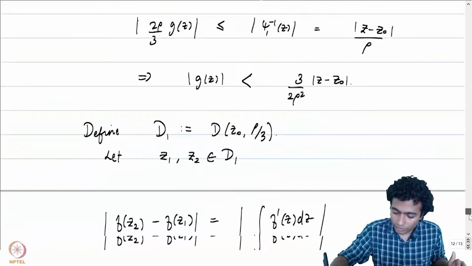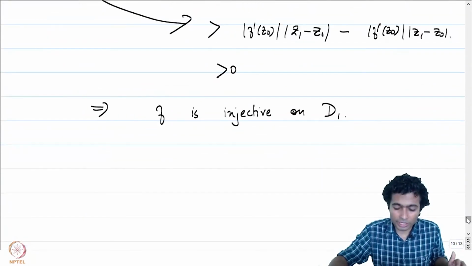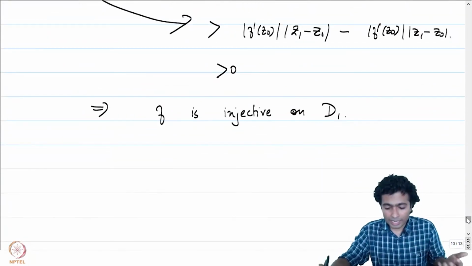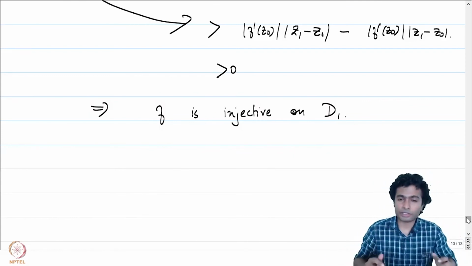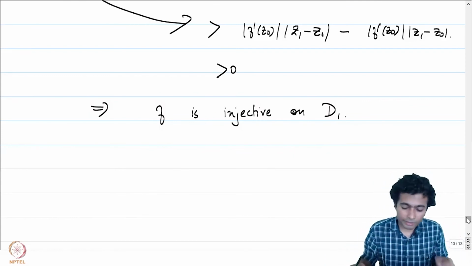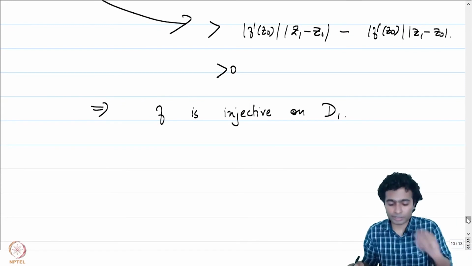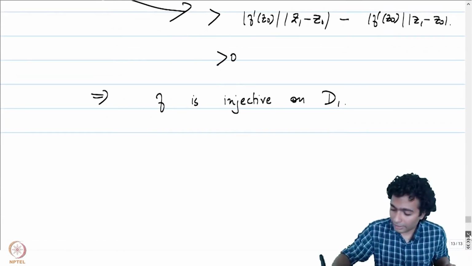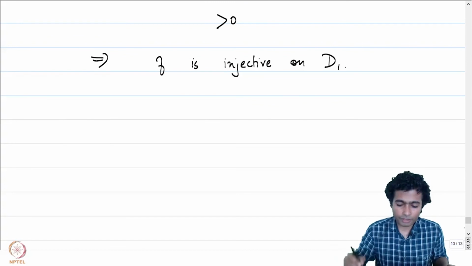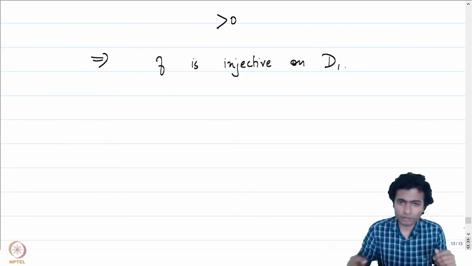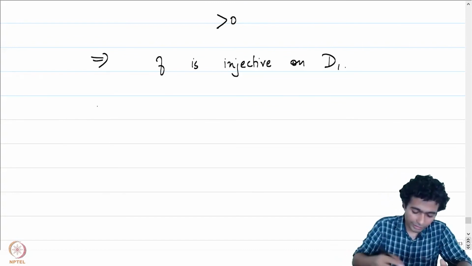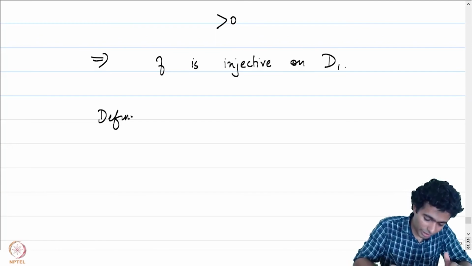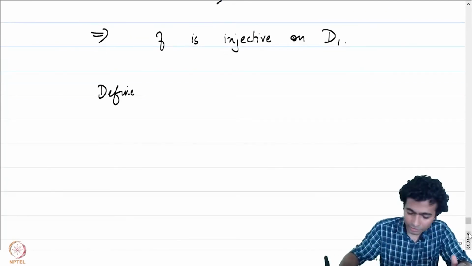The only thing now left to prove is that this function f indeed satisfies the condition that the disk of radius 1 by 72 around 0 is sitting inside f of d1. In order to prove that f of d1 contains the disk of radius 1 by 72, let's now again define another auxiliary function. This is a new g that I'll use. I don't want to use too many notations.